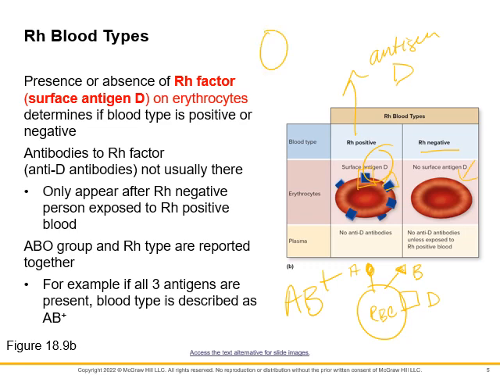What happens if you're O negative? Your red blood cell, you have no A antigens, you have no B antigens, and the Rh says here that you have no antigen D. So blood type O negative, you do not have any of those antigens expressed on the surface of your red blood cell.